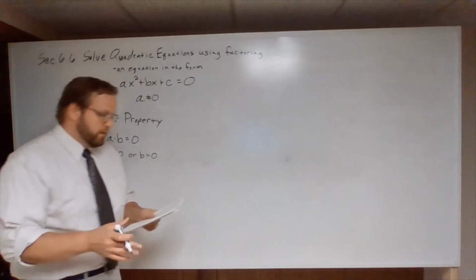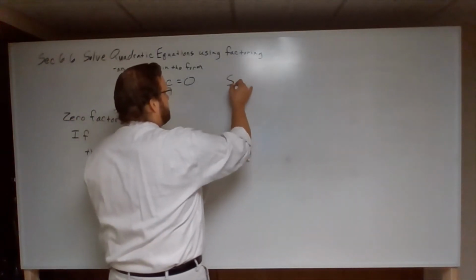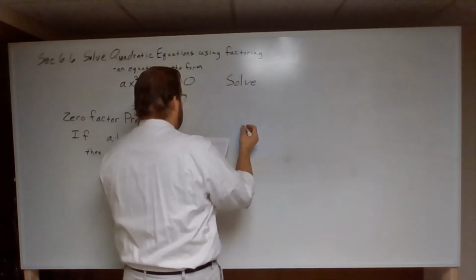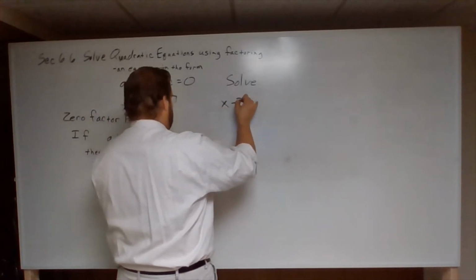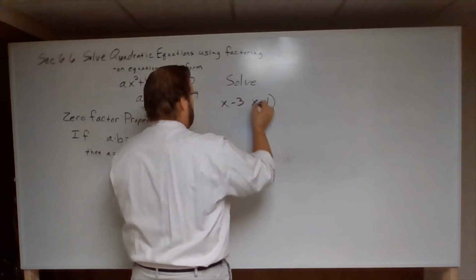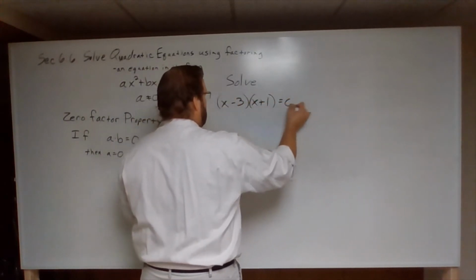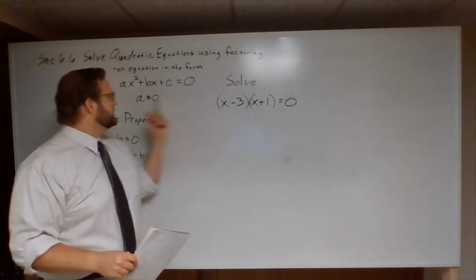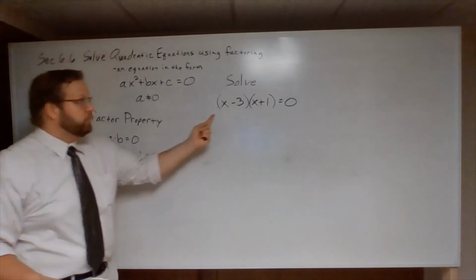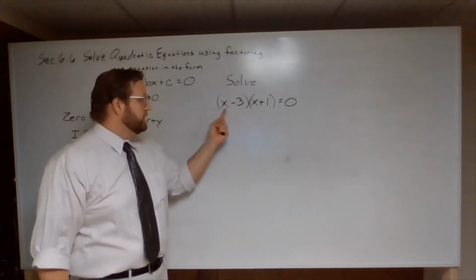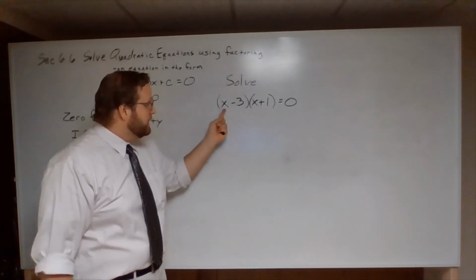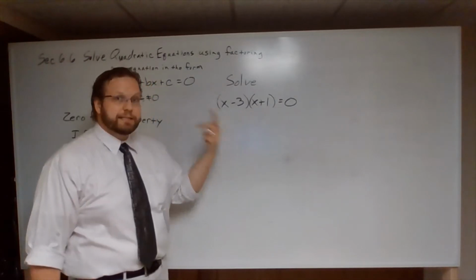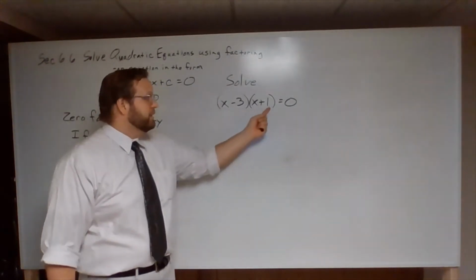Okay? So first thing, let's say we have that. Okay. Now you might say, well, that doesn't look like that. What the heck? If we were to distribute this out, it would. We would have an x squared, then a 1x minus 3x is a negative 2x, and then we would have a negative 3.